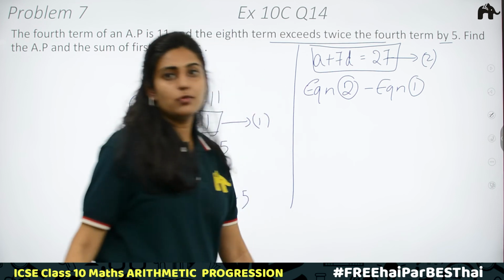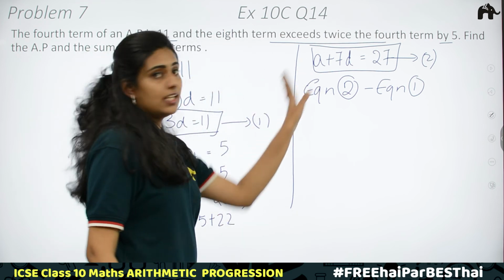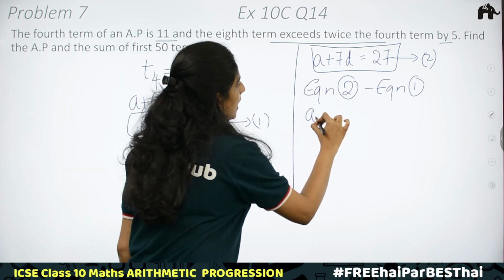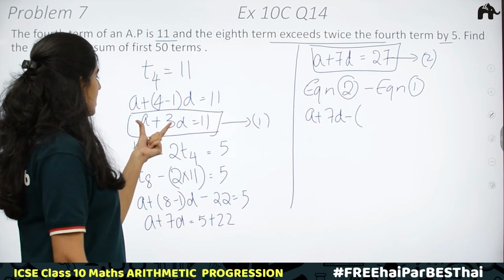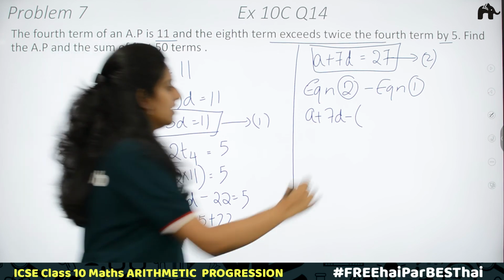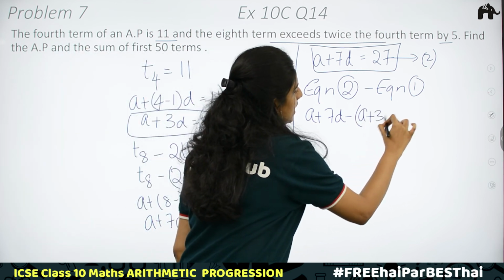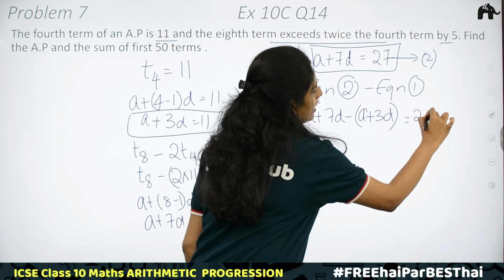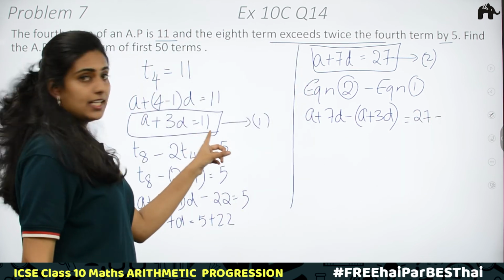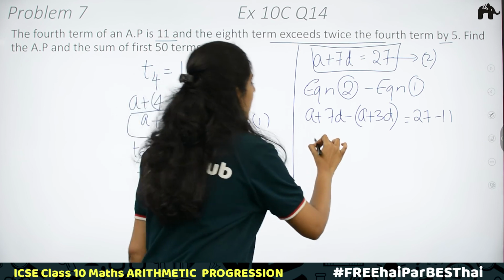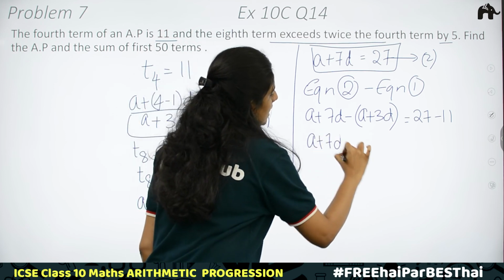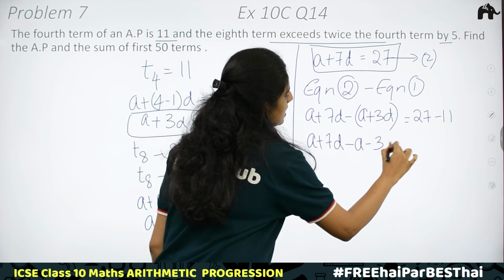By doing this, we can remove A from the equations. That is, A plus 7D minus, here what is there in the left hand side? A plus 3D. RHS 27 minus 11.